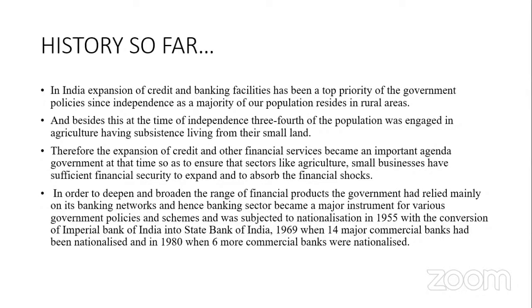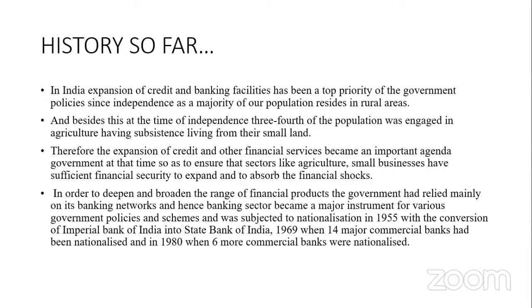If we talk of agriculture, there could be natural calamities and other financial shocks that people have to go through. So in order to deepen and broaden the range of financial products, the government has relied on the banking network, and in India financial inclusion is entrusted to the banking sector.